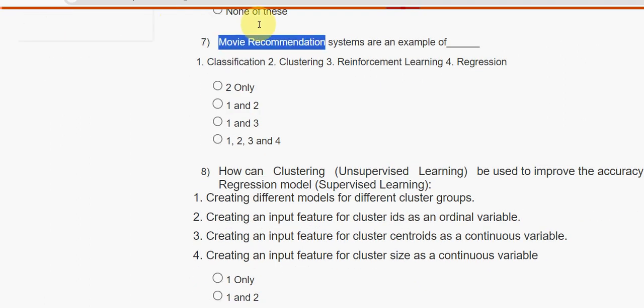Movie recommendation systems are an example of what? These are examples of clustering, guys. So the first option, two only, is the probable solution for the seventh question. Next, eighth one.